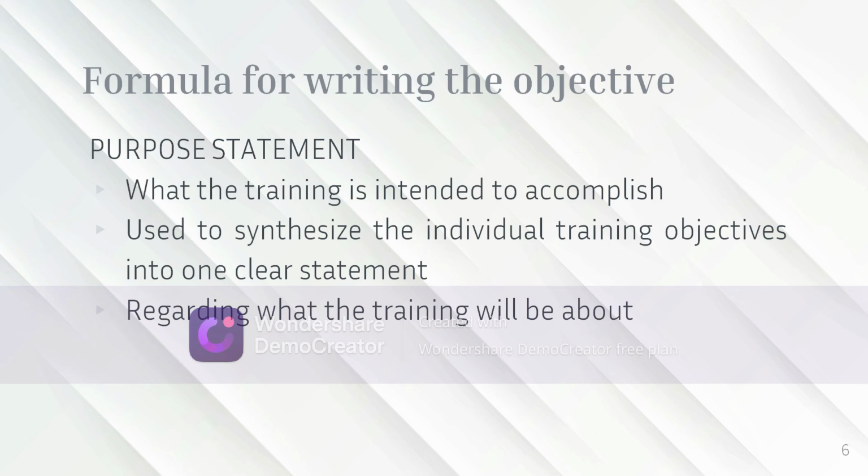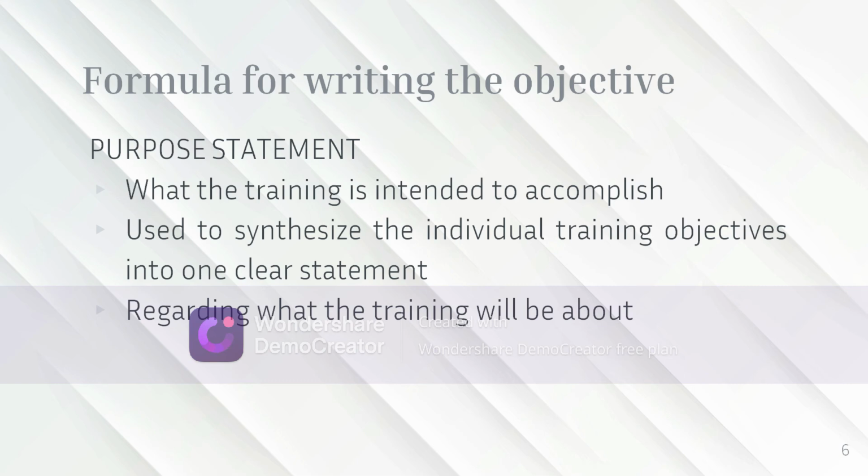It basically explains the motive, that is, the aim of the training. It is a single clear statement which summarizes the training objectives, and this will totally explain what the training will be about.